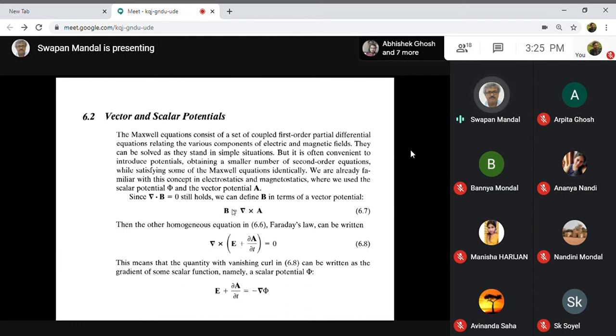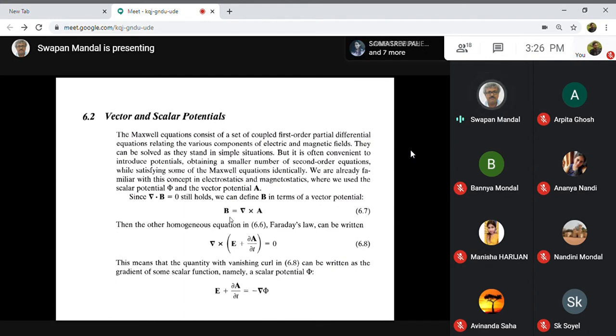Because finally your observation will be on the field. It is not the vector potential you are observing. You are observing the field. Therefore, if you change the vector potential A to A plus some gradient of scalar function, the field remains invariant.